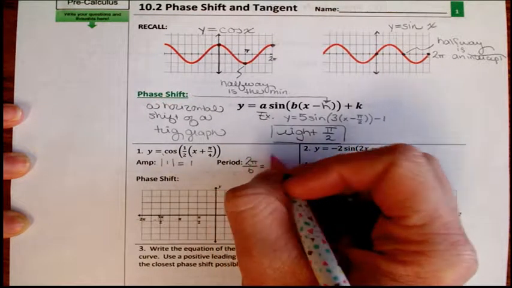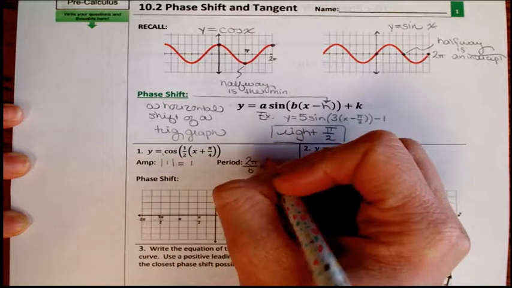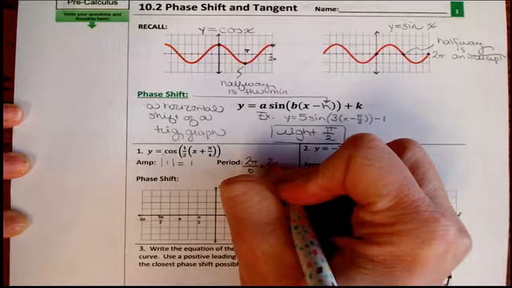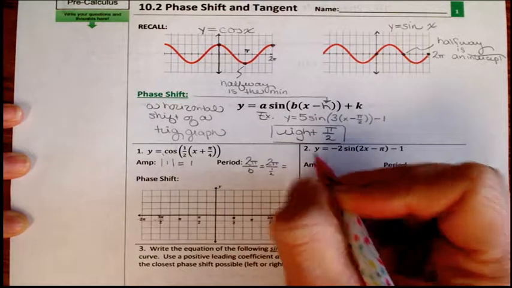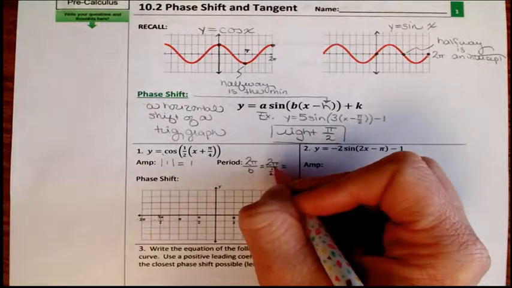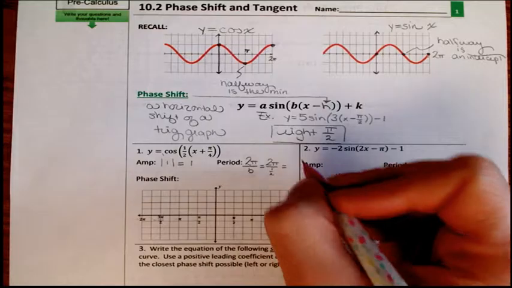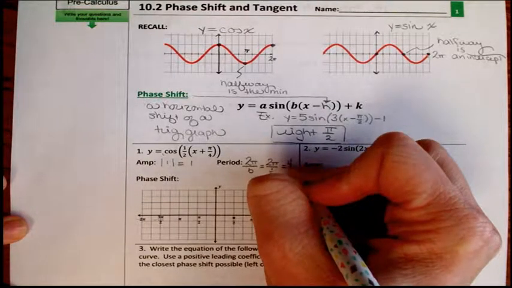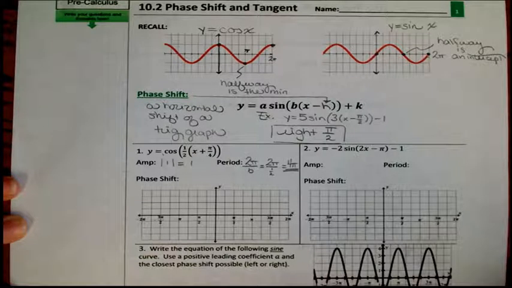So here our B value is 1/2. So we're looking at 2 pi divided by 1/2, which you can't divide by a fraction, so you'd actually be multiplying by its reciprocal. The reciprocal of 1/2 is 2, so we're looking at a period of 4 pi units.